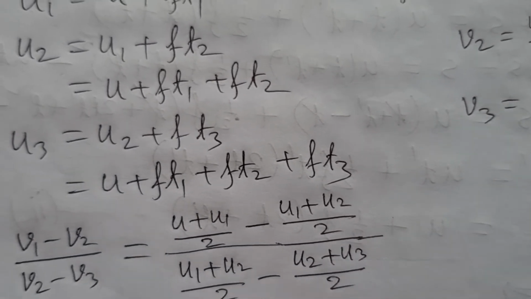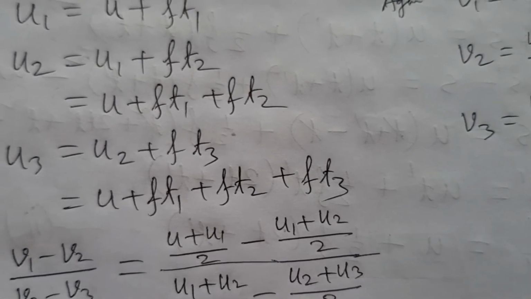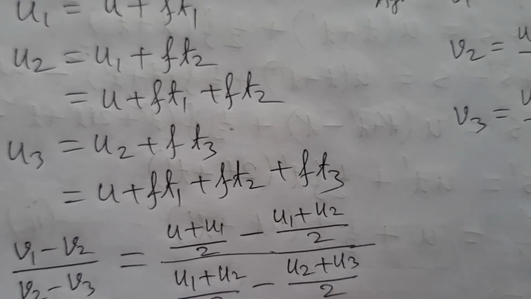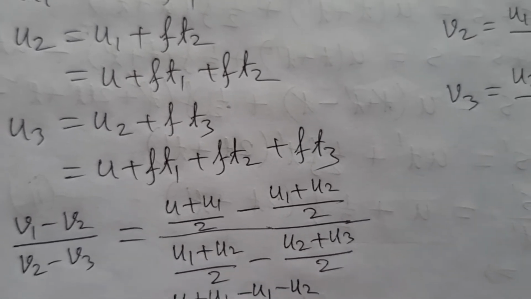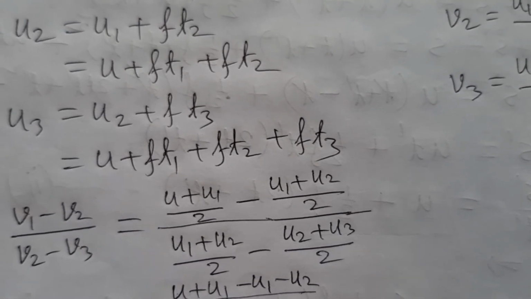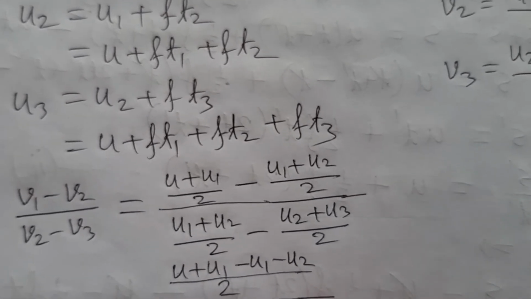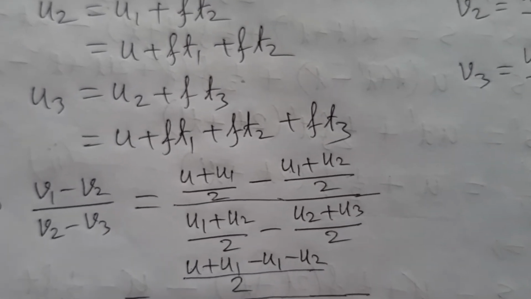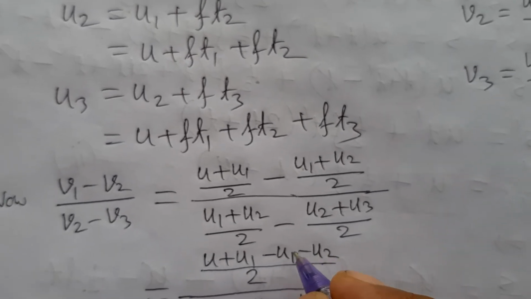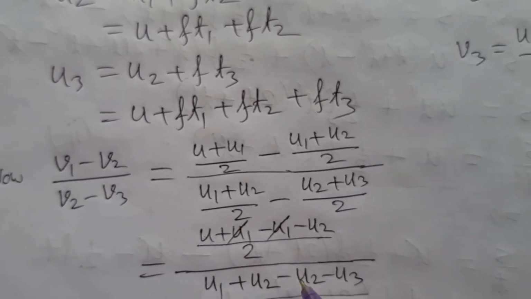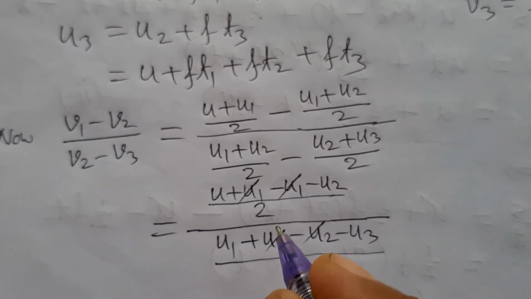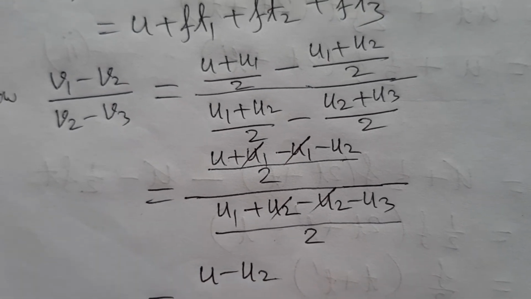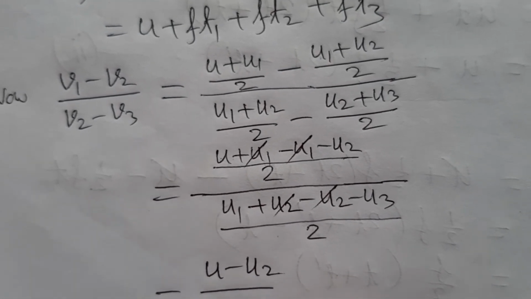The LCM is 2, so we can write (u plus u1 minus u1 minus u2) divided by (u1 plus u2 minus u2 minus u3), divided by 2. Here u1 cancels, u2 cancels, and the 2 also cancels. Then we get (u minus u2) divided by (u1 minus u3).